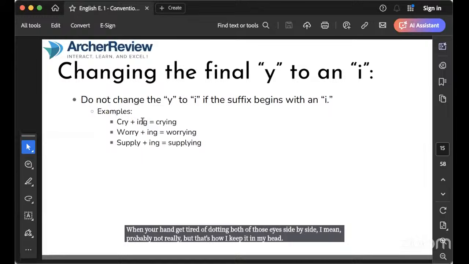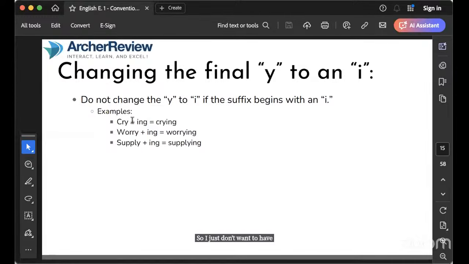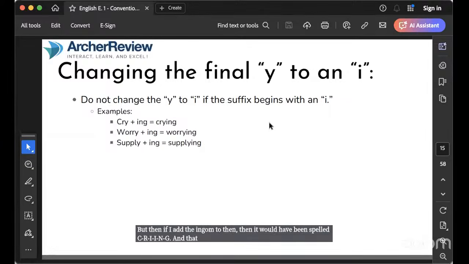So I just don't want to have two I's side by side. So for example, if I were to follow the rule, because it has that R consonant in front of it, that tells me I'm supposed to drop the Y and change it to an I. But then if I add ing, it would have been spelled C-R-I-I-N-G. And that just looks really weird. So we don't do it. We leave the Y, and then we just add the suffix onto it.